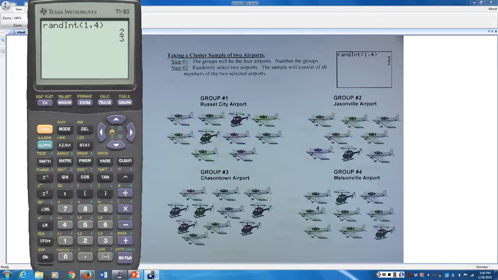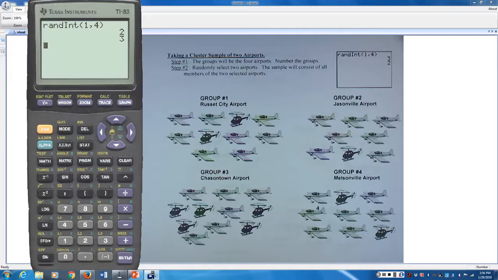2 drawbacks here. Do they all have an equal chance of being selected? Actually, yeah. Every aircraft has the same chance of being selected because the groups are 1 through 4, so every airport has a 1 in 4 chance, which means its planes have a 1 in 4 chance.